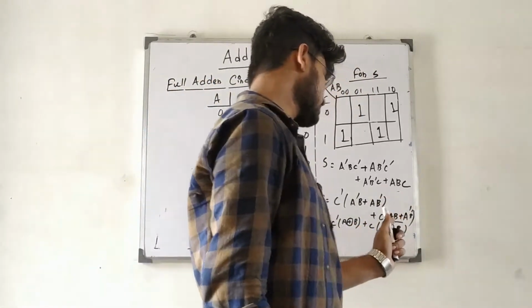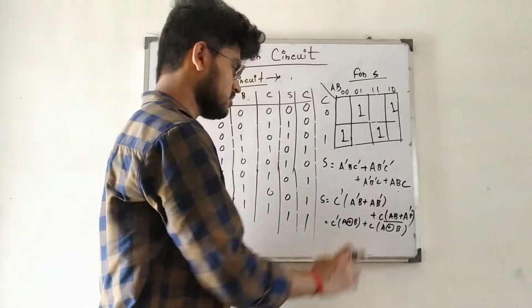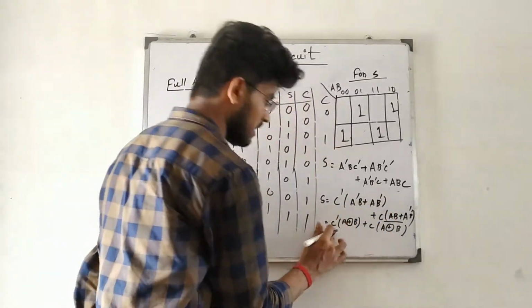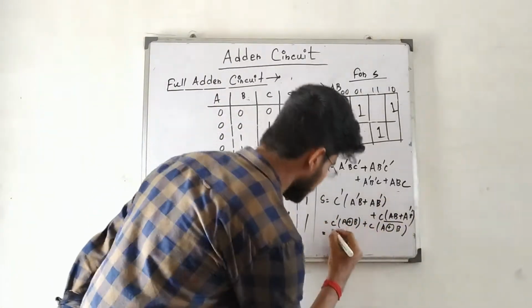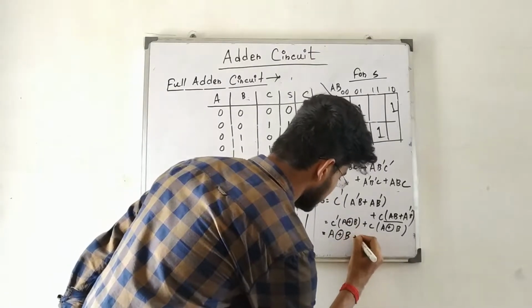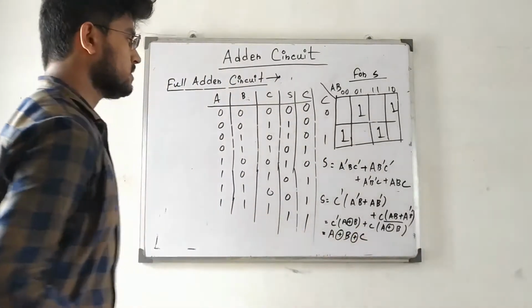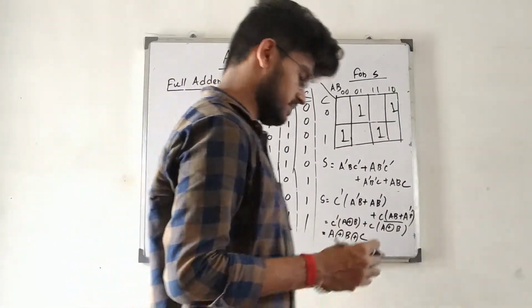So this is C bar dot A XOR B plus C dot A XOR B complement, which is nothing but A XOR B XOR C. So this will be the expression for the full adder sum: S is equal to A XOR B XOR C.